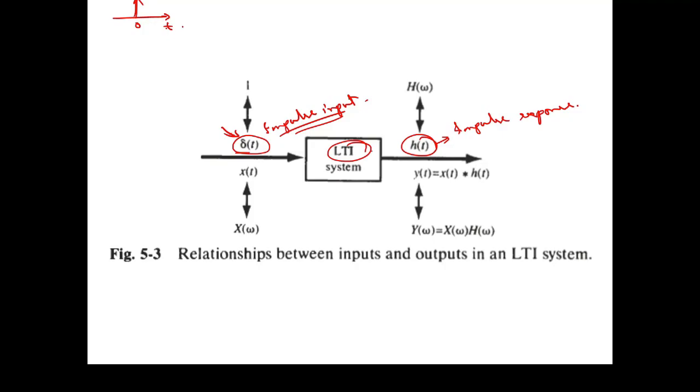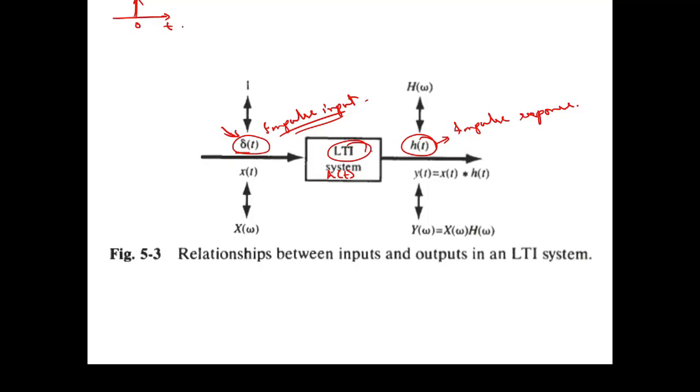So at the zero instance, you get the input, and you get the output. This output is called impulse response, and any system, whether continuous time or discrete time, has its characteristics described by this impulse response. It is specific for a given system.